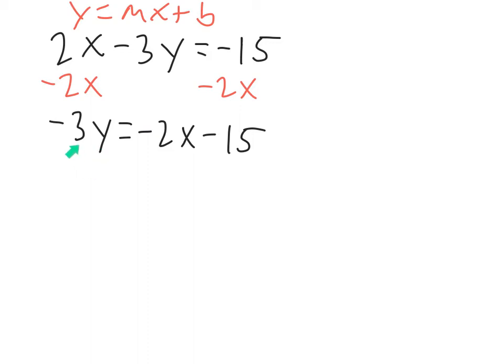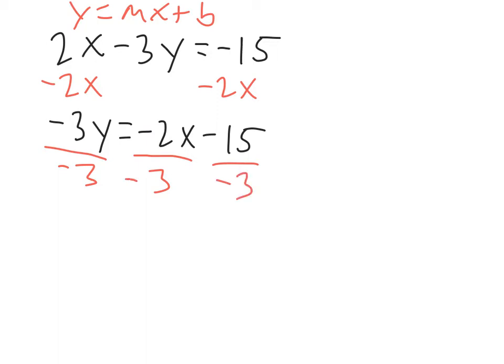It's being multiplied by negative 3. So now we need to divide both sides by negative 3. The problem here is if you divide something by negative 3, you need to divide everything by negative 3. So we divide negative 2x by negative 3 and negative 15 by negative 3.